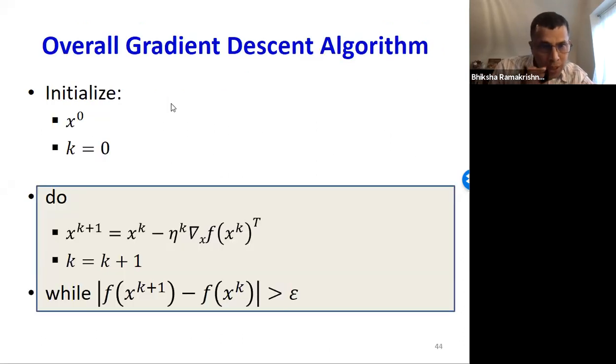So here is the overall gradient descent algorithm. I'm just repeating myself. You initialize x, then iteratively modify x by incrementing in a direction exactly opposite to the gradient, and keep doing this till the function doesn't change anymore.